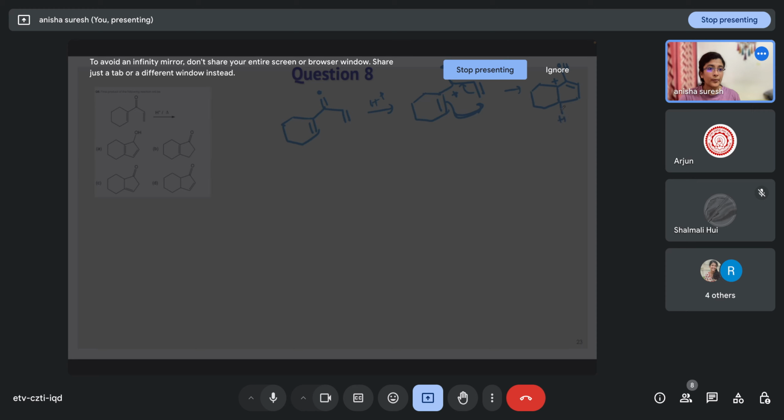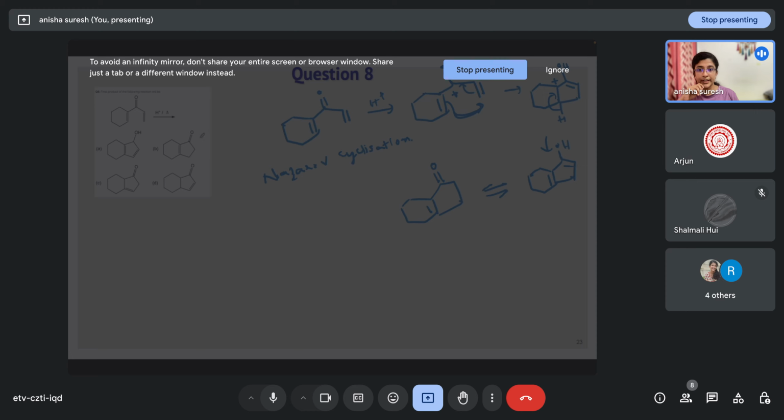Now deprotonation reaction will take place leading to formation of this intermediate, and then keto-enol tautomerism can lead to formation of the final alpha beta unsaturated ketone. So the name reaction is Nazarov cyclization.